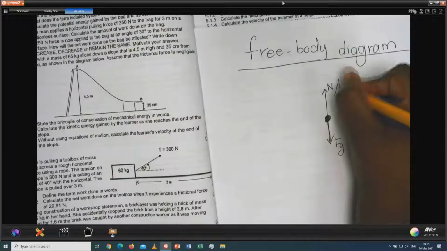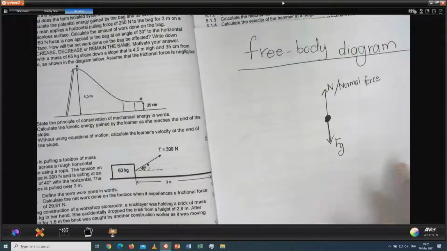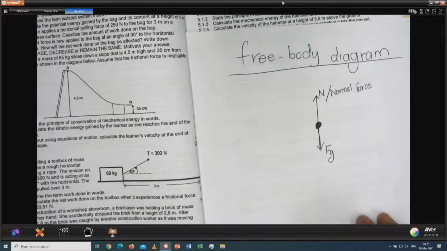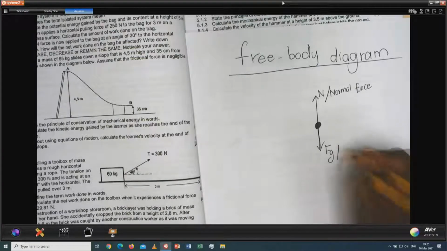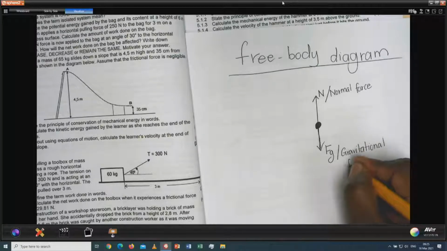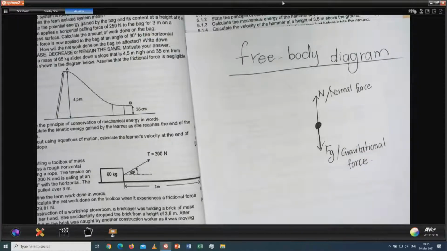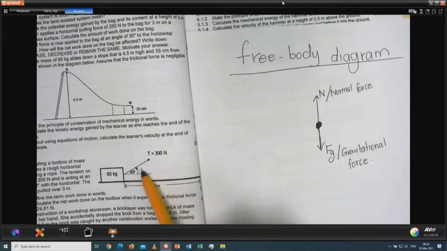So this one would be normal force. So rather you write it in words instead of writing a wrong symbol and losing a mark. Then you get your mark. And this one would be gravitational force.